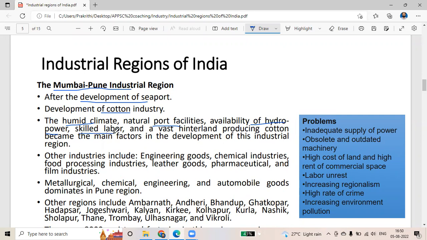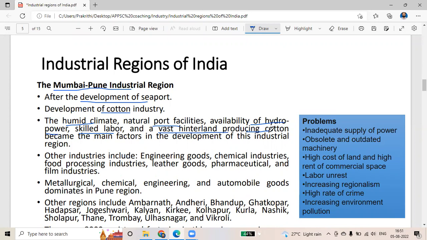Especially in the cotton industrial sectors, there are a lot of skilled laborers. And a vast hinterland producing cotton. Cotton produce करने के लिए there are lot of area within the industrial region. So these are the favorable conditions which helped Mumbai-Pune industrial region to grow.